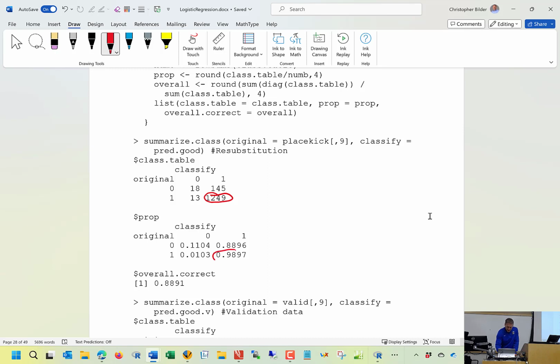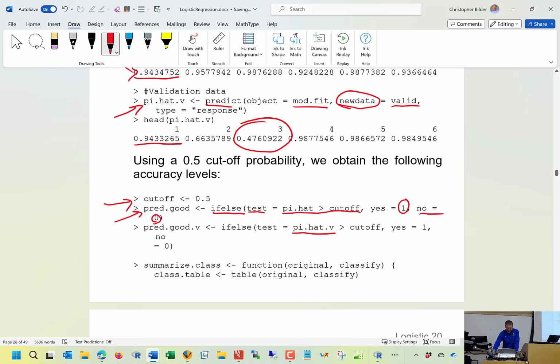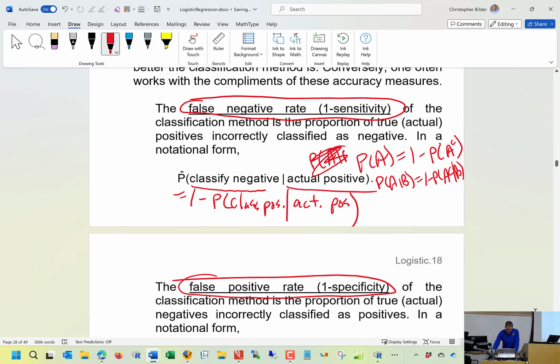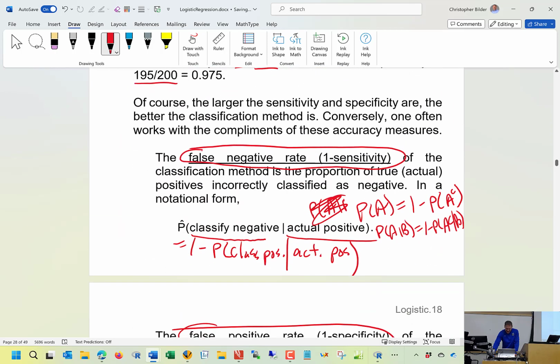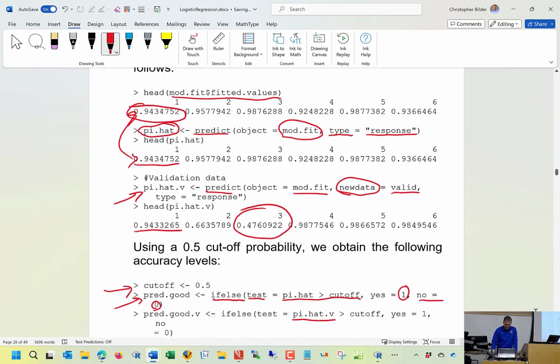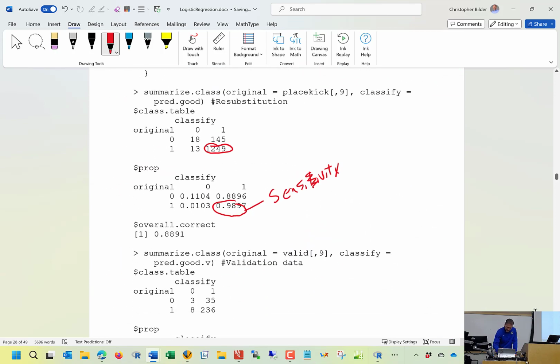So because of that, my sensitivity is 1249 over 1249 plus 13, which is 0.9897.